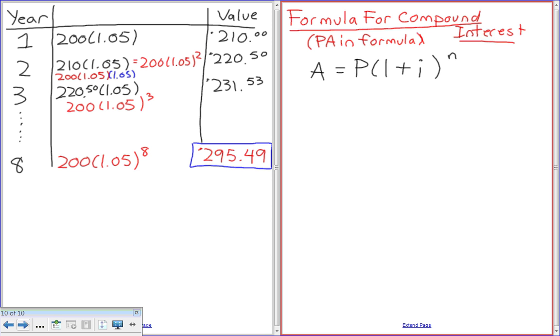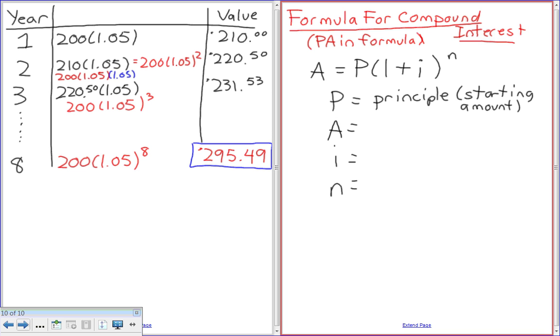Okay, so this is looking a lot like the equation we just started with on the left-hand side. We're going to write PAIN on the board like this. P stands for principal, which is your starting amount. A is your ending amount.